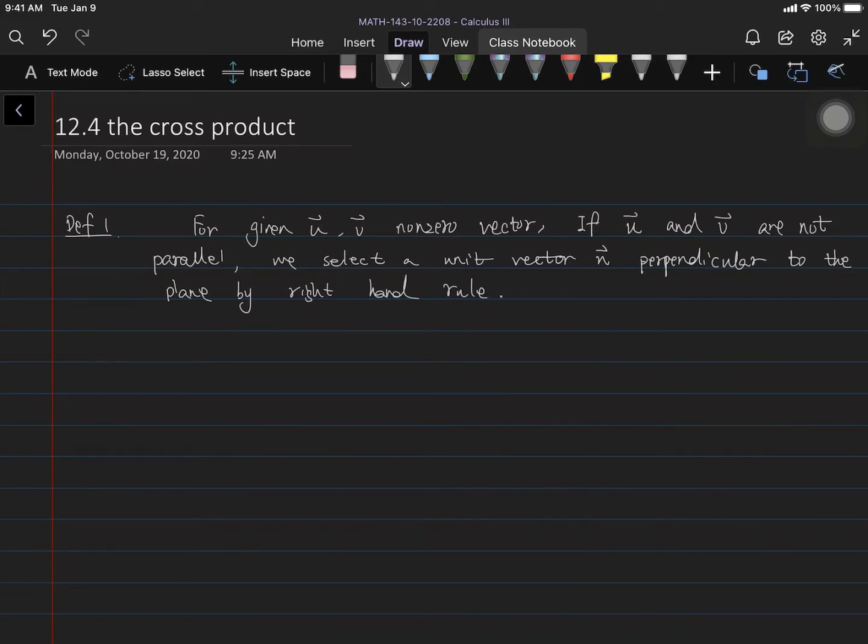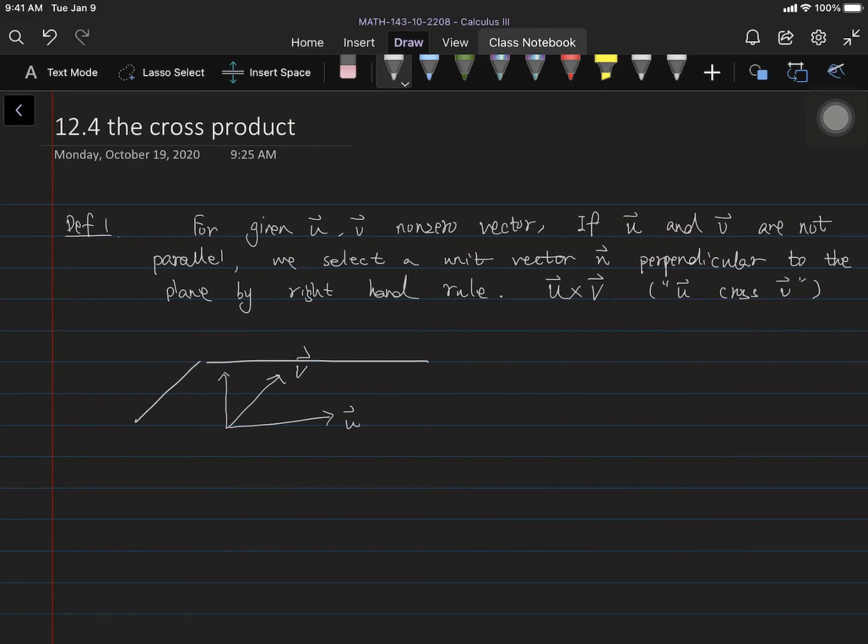So I'm going to show you the meaning of the cross product. For the cross product we do u cross v. It's different from the dot product, right? If we have a u vector and a v vector, the right-hand rule means we start from u, use your right hand, and point to v, and your thumb goes to an n vector.